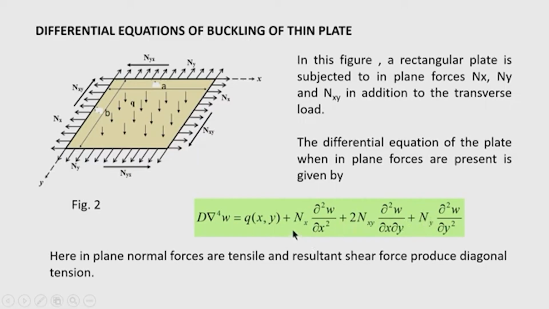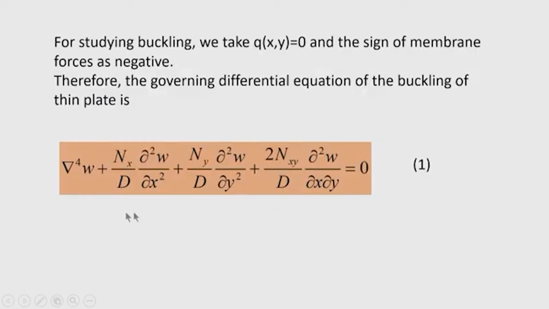Now, if I take the sign of Nx, Nxy and Ny as negative, then it will be transferred as a positive quantity on the left hand side, and if I divide both sides by the flexural rigidity of the plate D, then we get this equation. So, this equation is the equation of buckling of a thin rectangular plate.